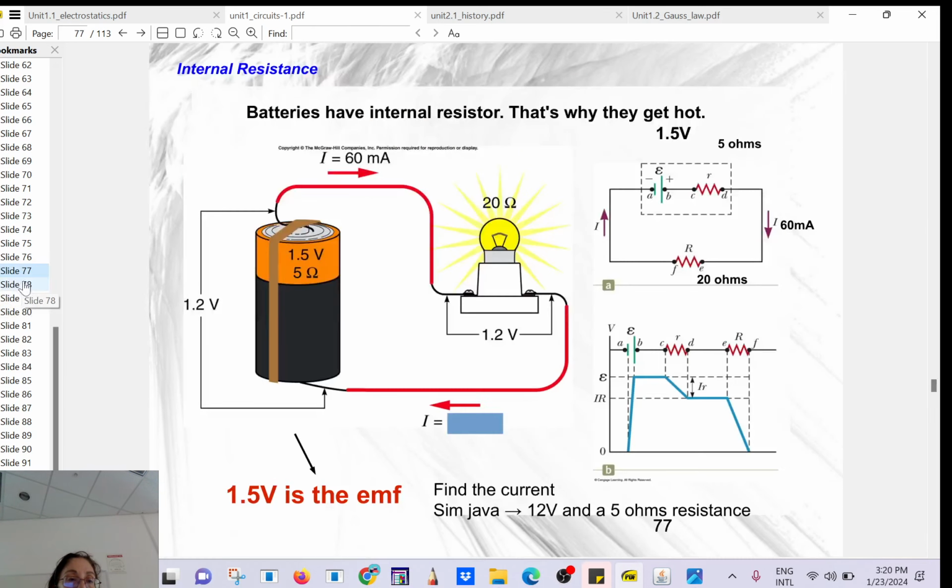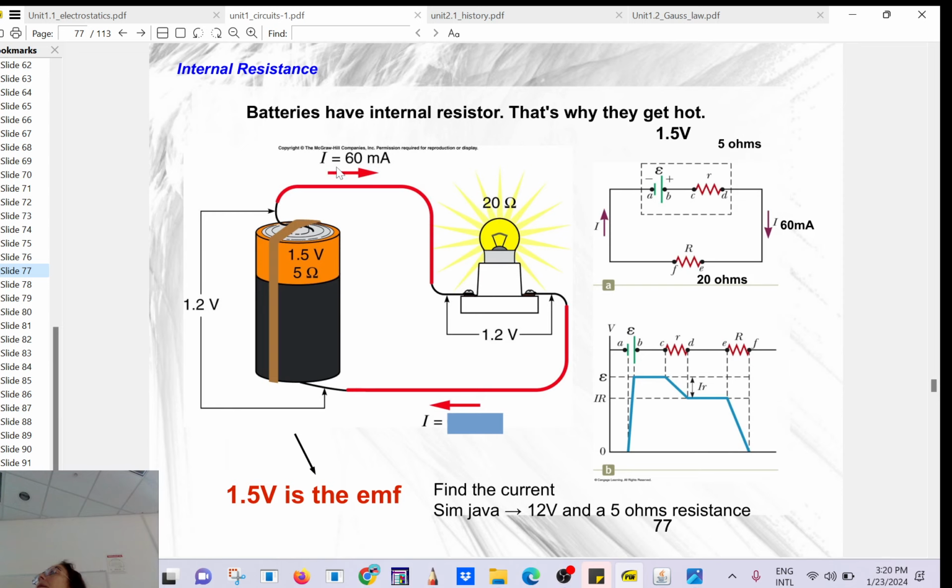Okay, so any question? So let's do, for example, this one. So you have 1.5 volt, okay? And there's a 5 ohm resistance lurking inside. And the current is 60 milliamps. How do you convert that to amps? Divide by 1,000, right?